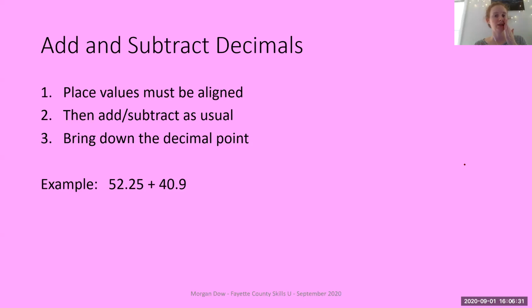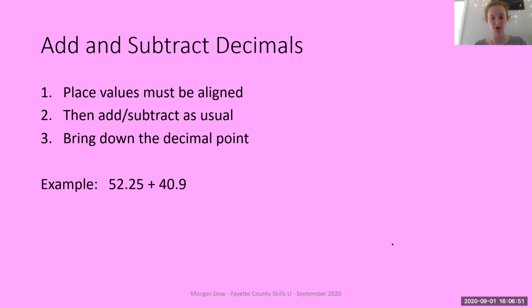When you are adding and subtracting decimals by hand, basically the same rules apply as with whole numbers. Your place values must be aligned. That's the most important thing. So you line up your numbers and then you add or subtract as usual, and then you don't forget to bring down that decimal point in your final answer.